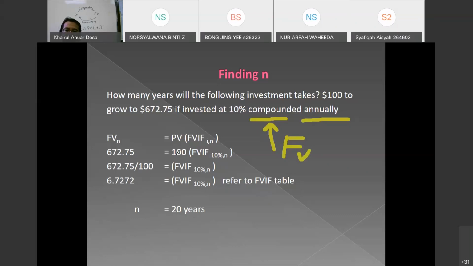Right, 672.75 over 100. So kita dapat 6.7275, and go to the table just now. Okay, balik pada table tadi. 10%.